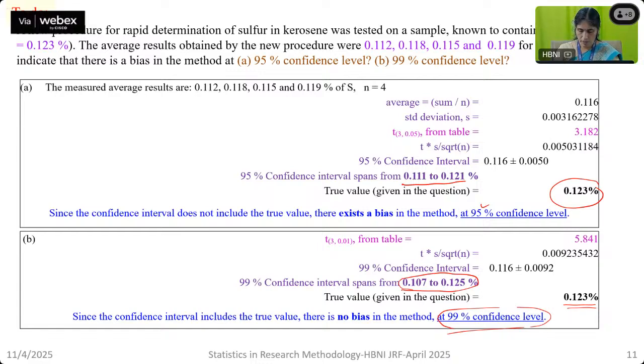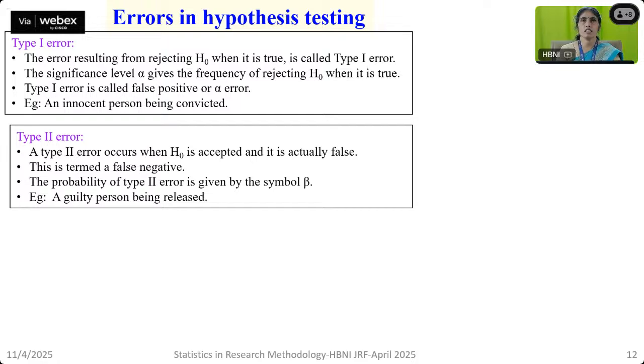So there is a finite level of disagreement when you take different levels of confidence in doing the hypothesis testing in the statistical analysis of data. What we conclude from that is that there is a finite chance of committing error in concluding the data analysis and the reporting. There are two different types of such errors, which we call type 1 and type 2 errors during the hypothesis testing.